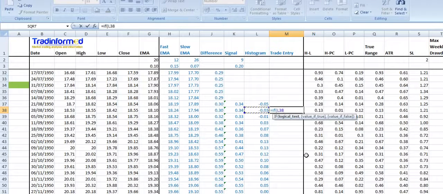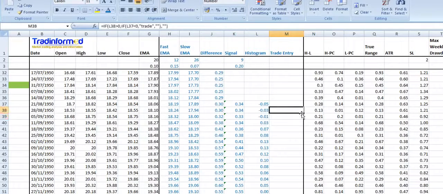So I calculate this: if this is greater than 0, and also if this is lower than 0, the previous day is lower than 0, then we've had a crossover. And I'm going to ask Excel just to put the word text, and if not, then do nothing.